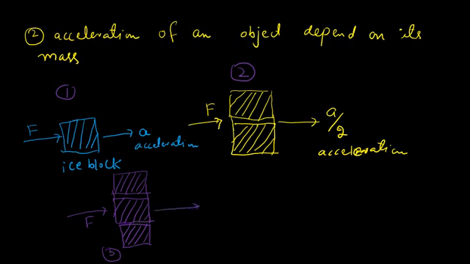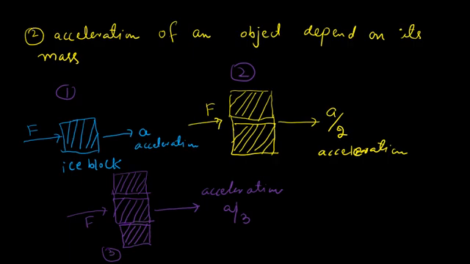Again this force will produce an acceleration. Now in this case the acceleration will be a by 3. So now it is one third acceleration. It will produce one third of the acceleration of the first case. As you have seen, as we are increasing the mass, it reduces the acceleration.